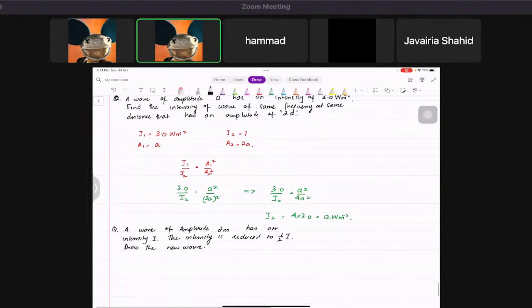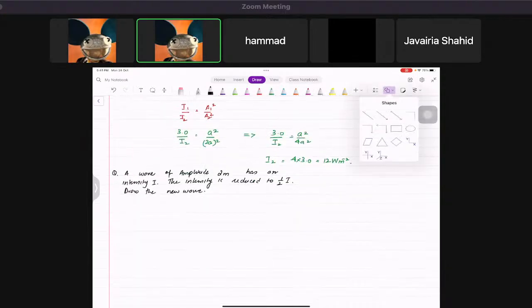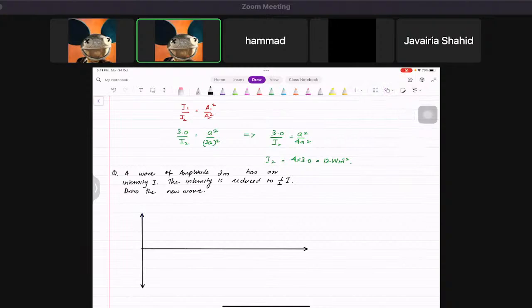And they have also given you the previous wave as well, so that you guys can draw that. So here we have amplitude, here we have whatever, doesn't really matter.